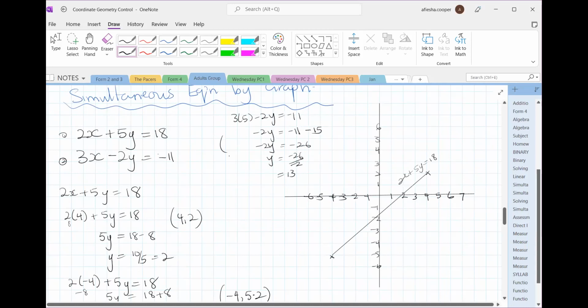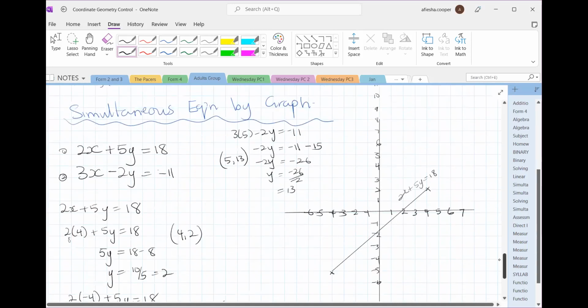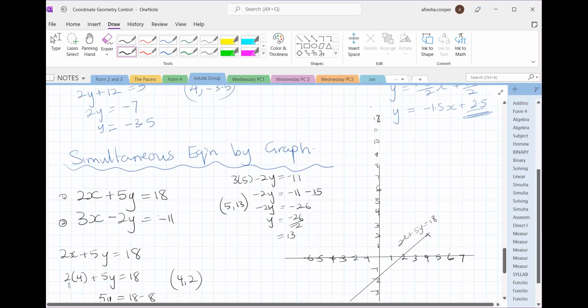So my coordinate is 5, 13. So we count up to 13. So 5, 13. So we're up here.